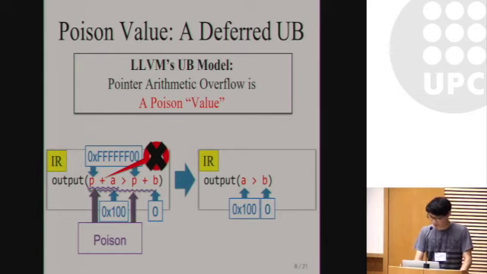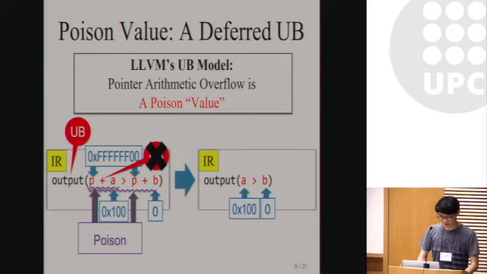And the comparison with poison is defined as poison in the LLVM semantics. That is, comparison simply propagates poison. Finally, outputting poison is defined to raise undefined behavior in the LLVM semantics because we cannot propagate poison anymore. Therefore, undefined behavior eventually happens in the source program, so relaxing overflow from undefined behavior into poison does not cause any problem in this example.